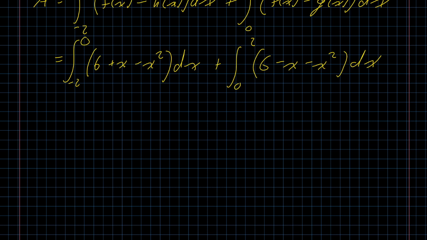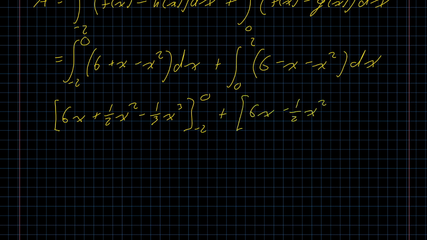All right, so we're going to end up with 6x plus 1/2 x squared minus 1/3 x cubed, endpoints -2 and 0. We're going to end up with 6x minus 1/2 x squared minus 1/3 x cubed, endpoints 0 and 2.